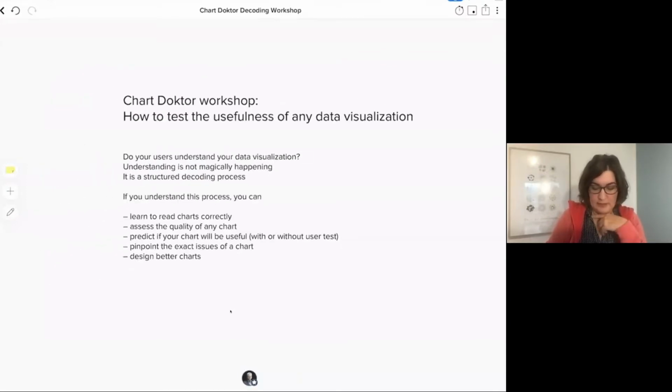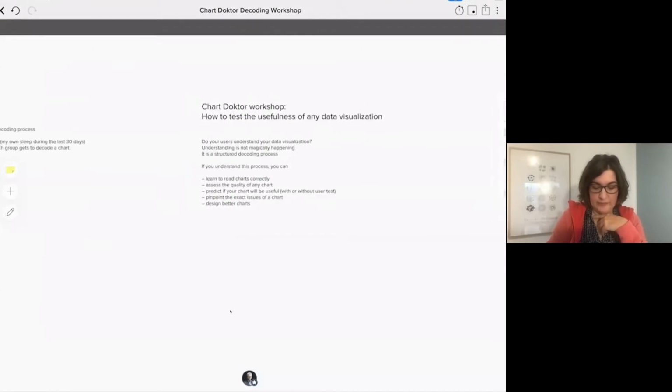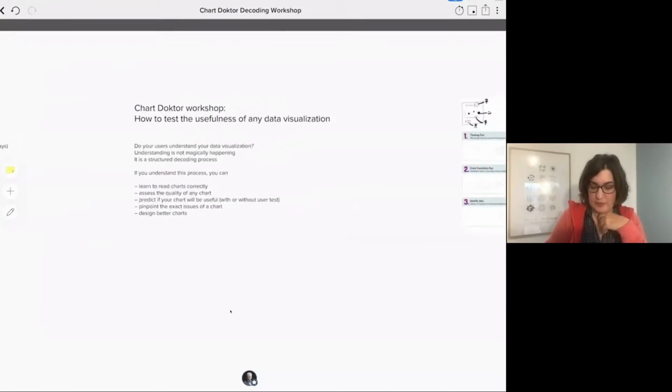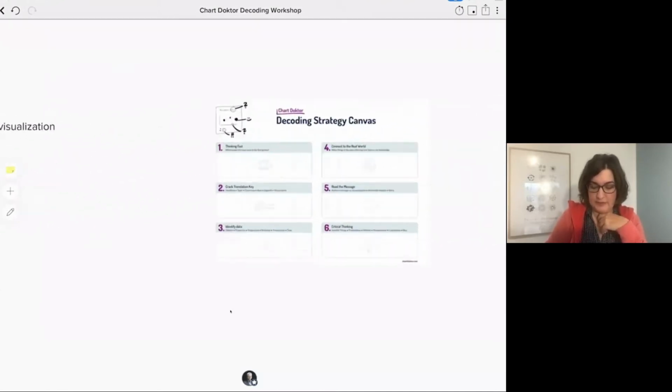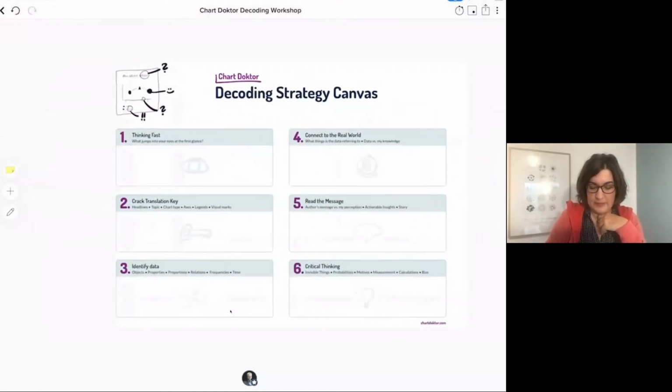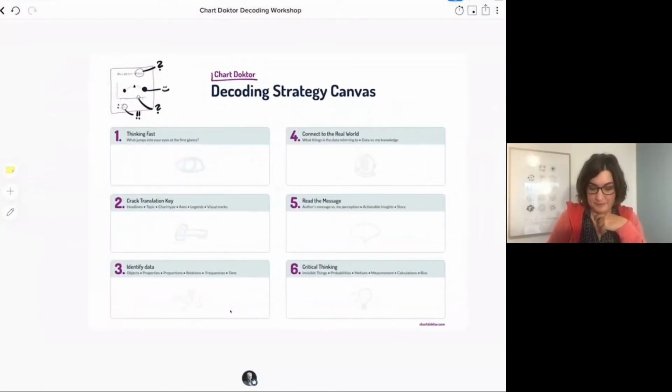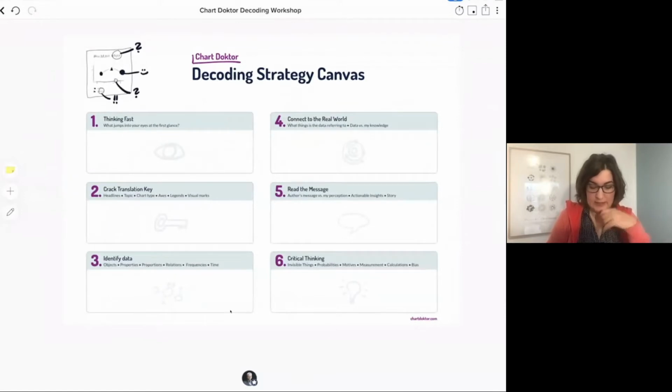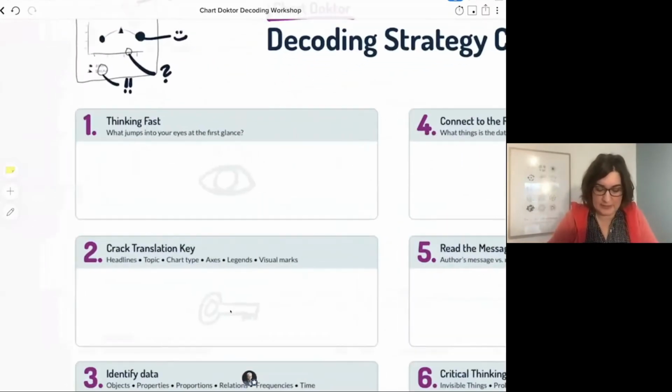And I'm using Mural today for the presentation. I hope this works because I want to draw. This is great with Mural. So here is my decoding strategy canvas. And this is something that you can fill out alongside the chart. It has 6 steps. Let's go into the first step.